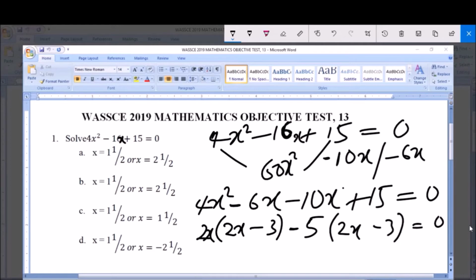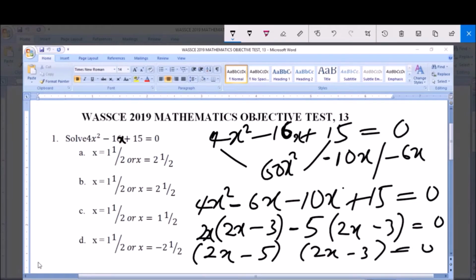It is minus because when you factorize again, minus 5 multiplied by minus 3 will give you 15. So to solve for that, we have 2x minus 5 into 2x minus 3, and these are our final answers. So everything is equal to 0.